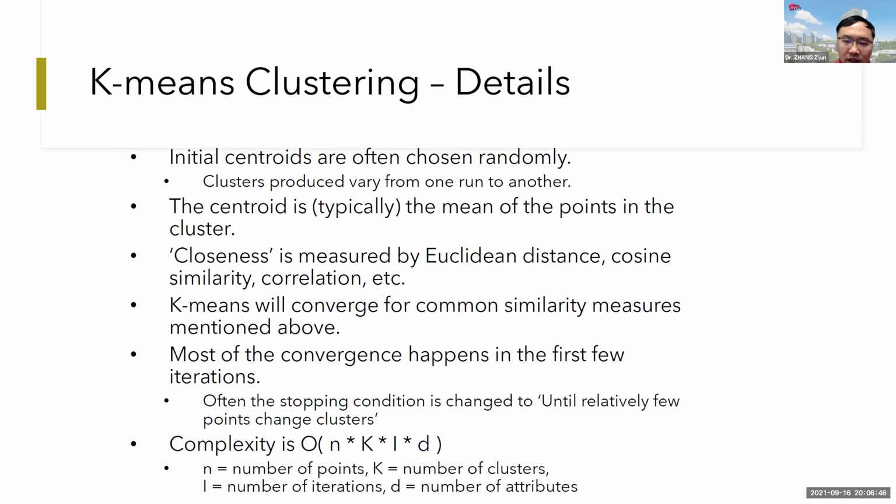You can change the Euclidean distance to cosine similarity or some other correlation measure to indicate the closeness. It really depends on the data set you have and your preliminary understanding.